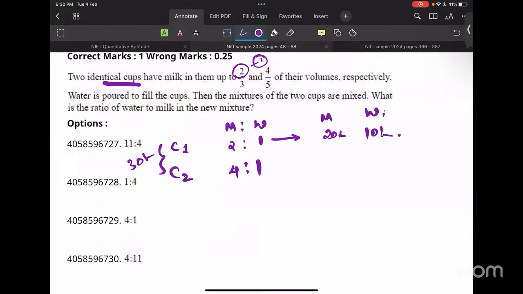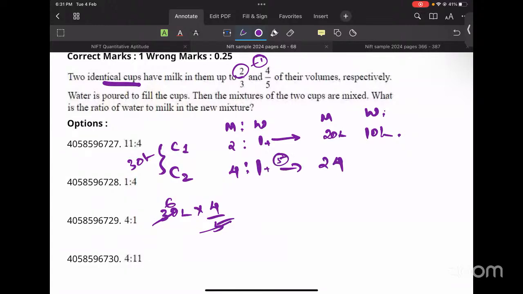Similarly, over here, 30 liters total. So 4 by 5 is milk. So 6 into 4, 24. Even you can take it like 15 liters also. That is also working here. Because 2 plus 1 is 3 and 4 plus 1 is 5.